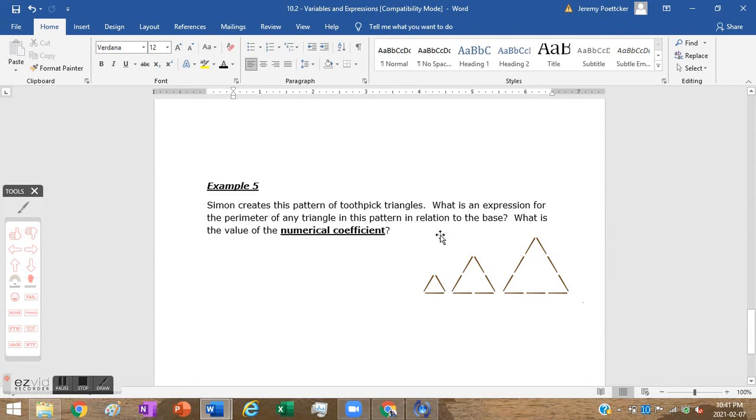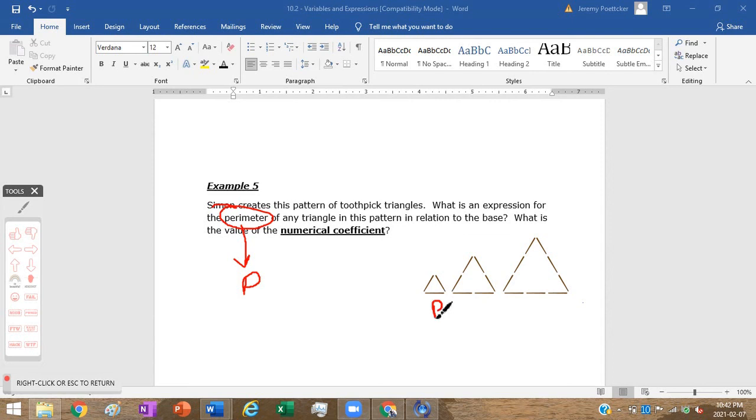If we look at this, perimeter seems like a good thing that we could go for P. That's going to be our variable, P. All right, so the perimeter of the first triangle, make a little table here. Perimeter and the base. So the first triangle, perimeter, distance around the outside, is 3. Base is 1.